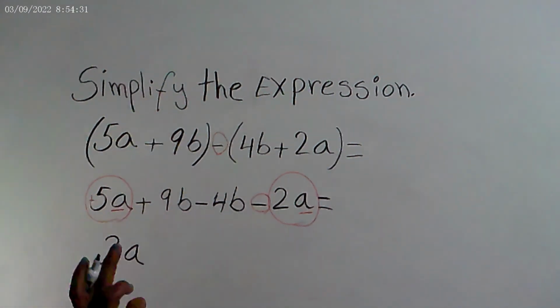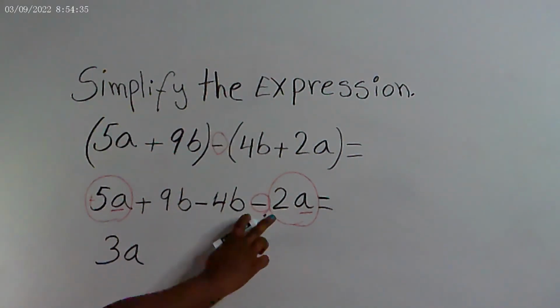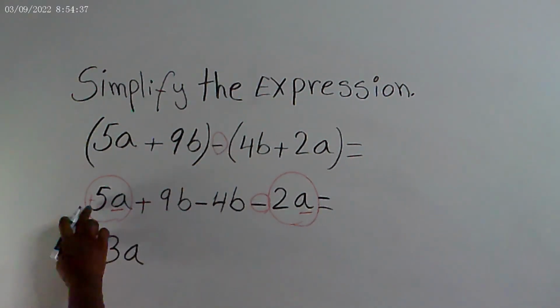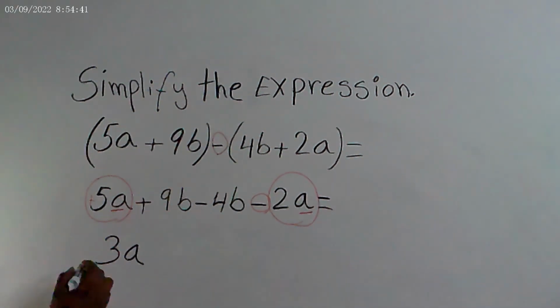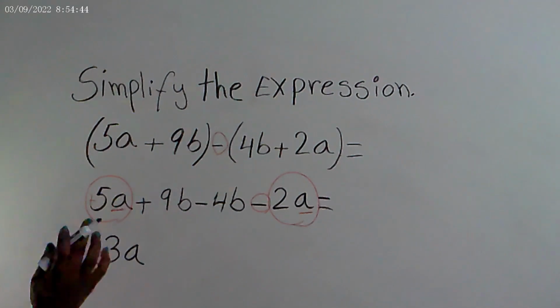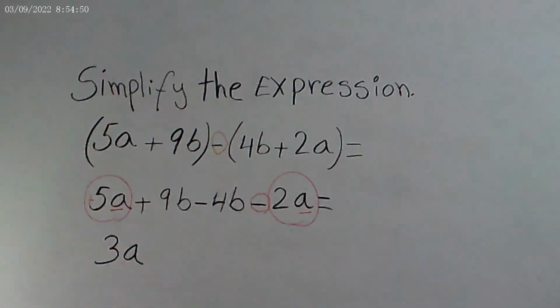It's not minus 3A because 5 is bigger than 2. So you keep the sign of 5. The sign of 5 is plus. You keep this sign in front, and then you do the subtraction, which is plus 5 minus 2 gives you a 3. You keep the variable A.